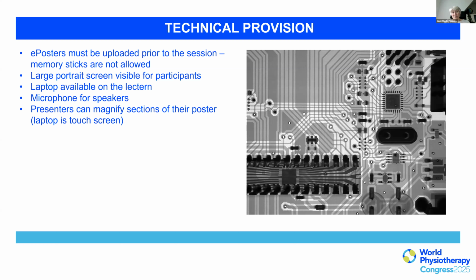So if you want to, in your presentation, you can magnify a certain section to draw attention to that particular part, because your presentation will only consist of the poster that you have and no additional slides, but you have the option to move around and magnify sections of your poster.